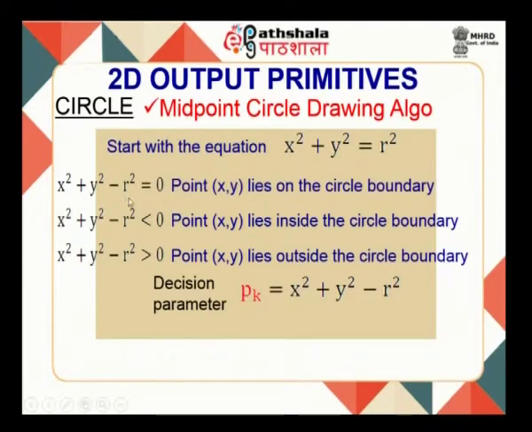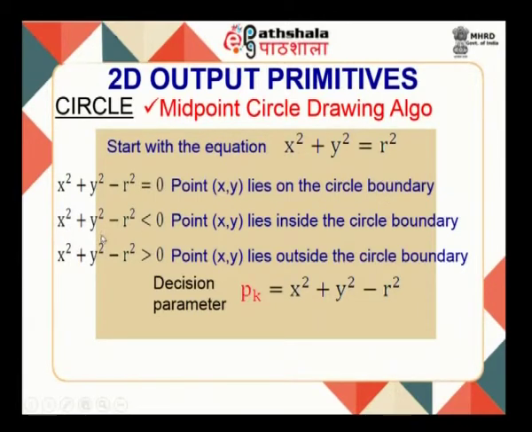As we know from coordinate geometry, if x squared plus y squared minus r squared is equal to 0, that means any point x comma y that satisfies this relation lies on the circle boundary.